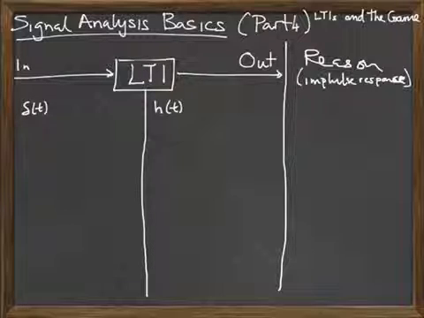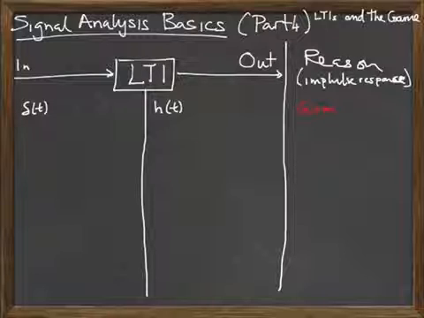So if you provide an impulse function into the LTI, we're expected to get an impulse response out of the LTI. And this is something that is given to us because that's what we expect from it.